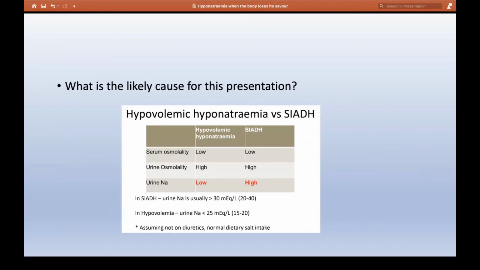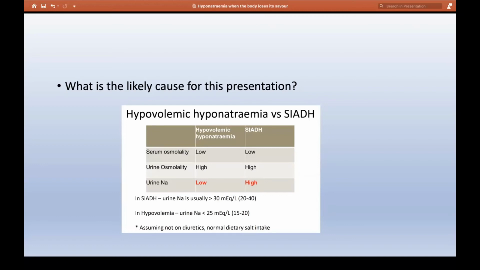How do you differentiate hypovolemic hyponatremia from SIADH? Both will have low serum osmolality and both will have high urine osmolality. But in thiazide hyponatremia, the urine sodium is low, whereas in SIADH it is high.